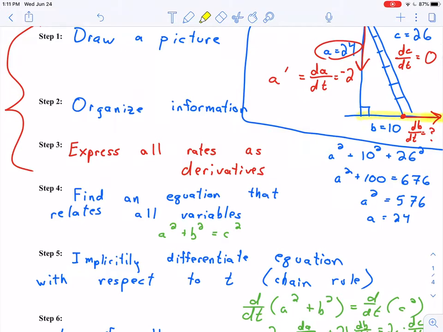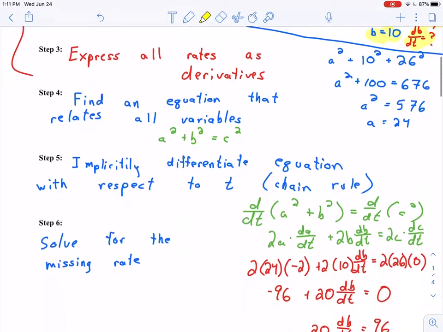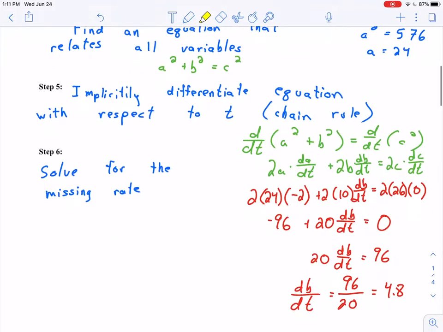We said that B, this side right here, is getting longer. Does it make sense then, if that side is getting longer, that we have a positive rate of change? Yes, I think so. If B is getting bigger over time, that means that dB dt must be a positive number. So it makes sense that we have 4.8.